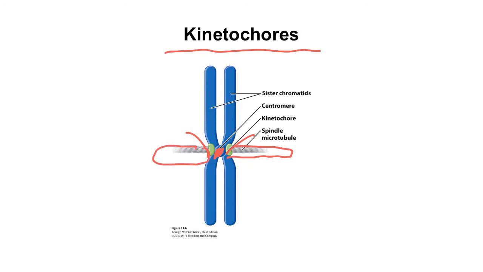Okay, this arrangement ensures that each sister chromatid is attached to a microtubule radiating from one pole of the cell. And this arrangement is important because it sets up the next stage of mitosis, which is the metaphase stage.